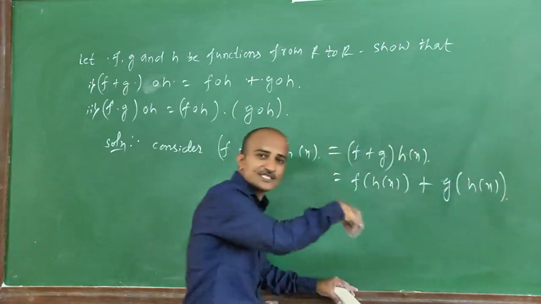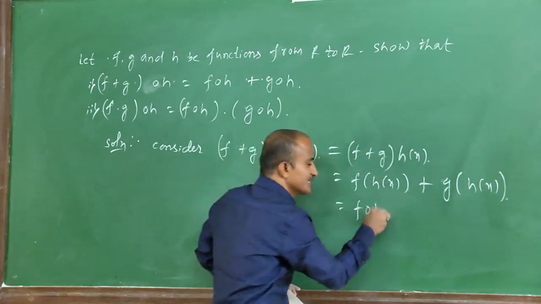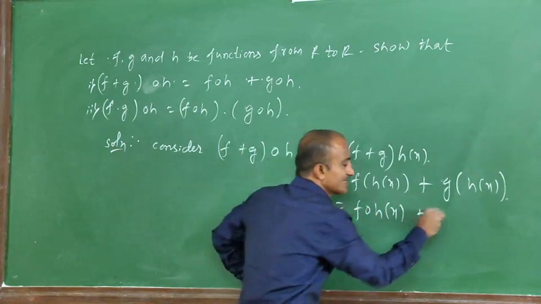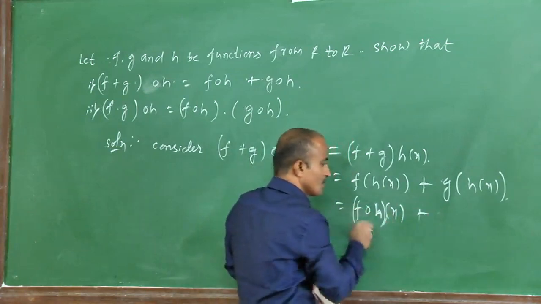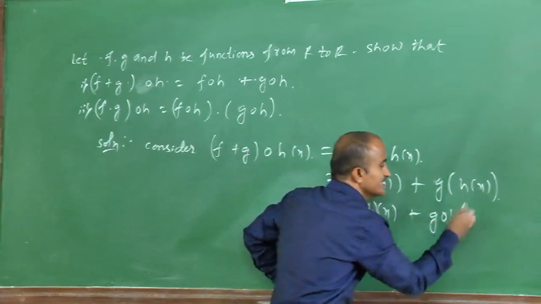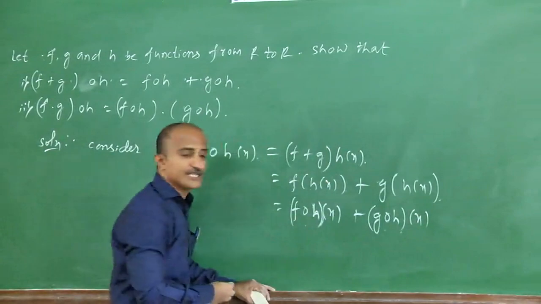Now again by the definition of composite, f of h of x is written as f composition h of x, plus g of h of x is written as g composition h of x.